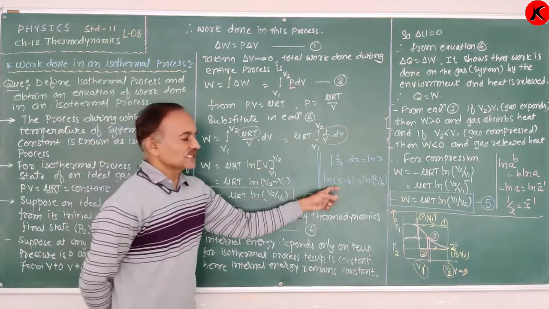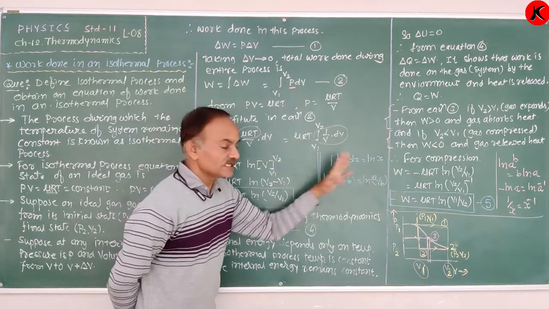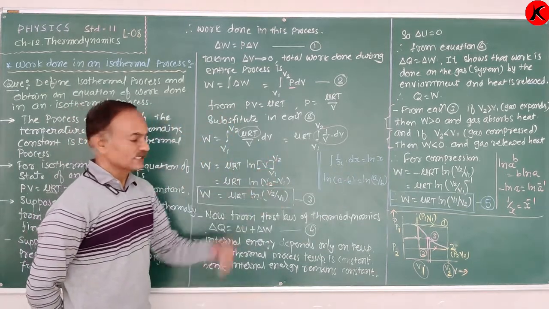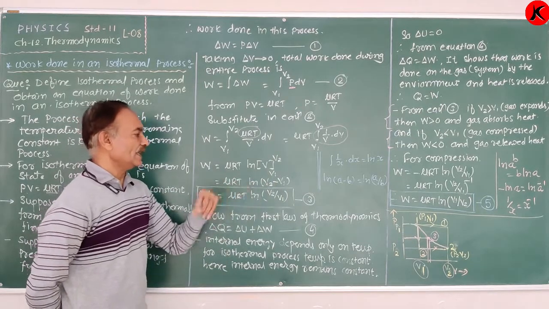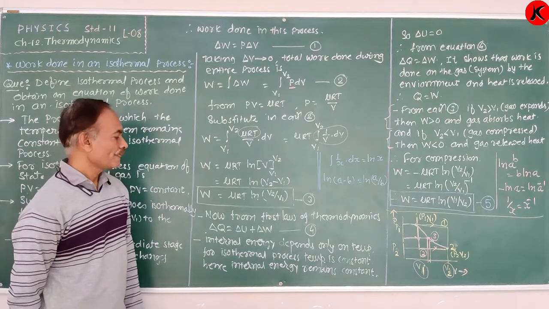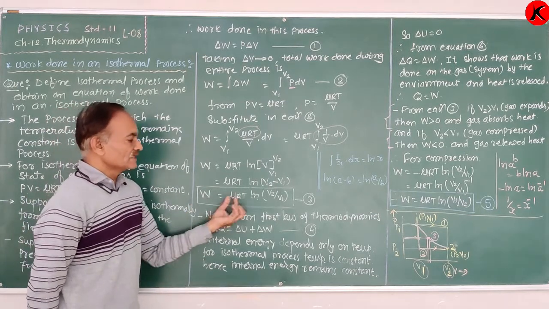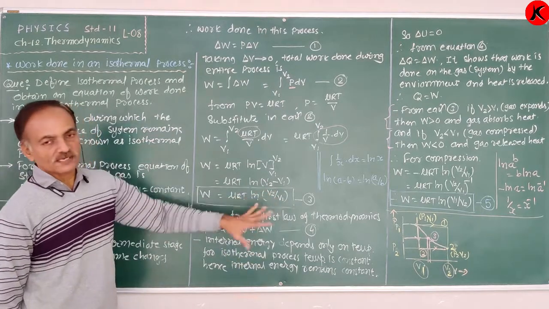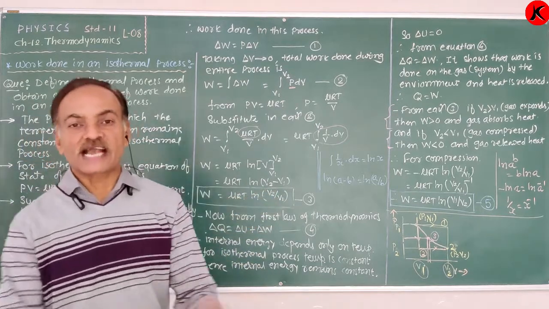Using the equation ln A minus ln B is equal to ln A upon B, first we substitute the final value minus the initial. Therefore, mu RT ln V2 upon V1. That is the equation of the work done when the gas expands.